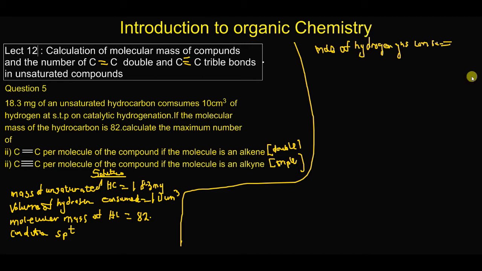So the condition is that it is at STP. At STP, if you want to find the mole of a certain gas, you use the volume over the molar volume. So the mole of the hydrogen gas is the volume over the molar volume.